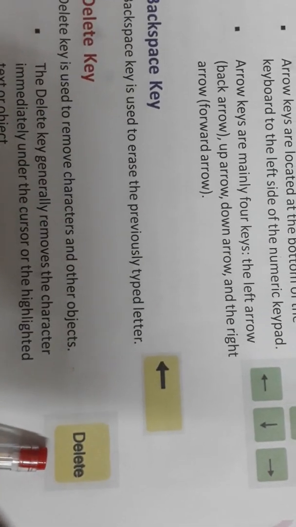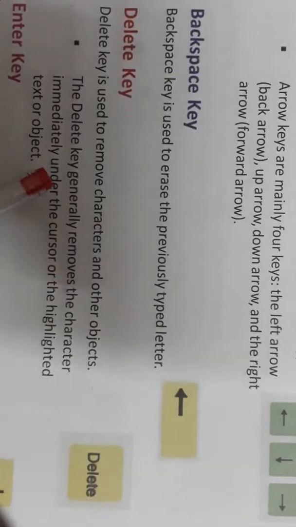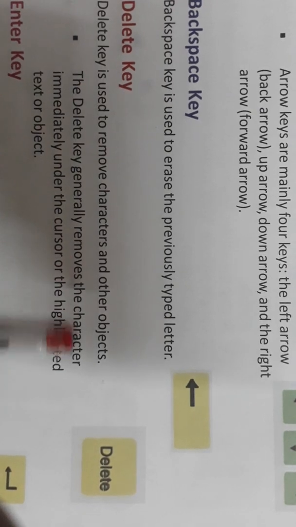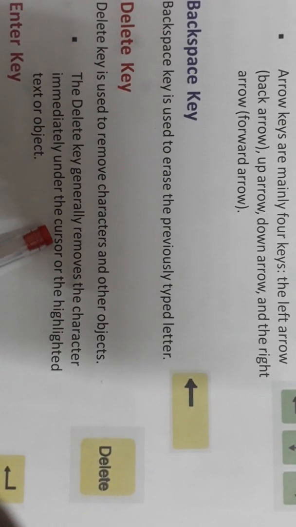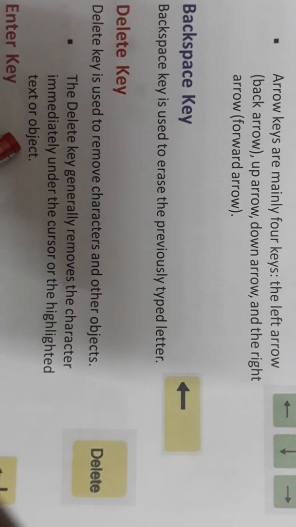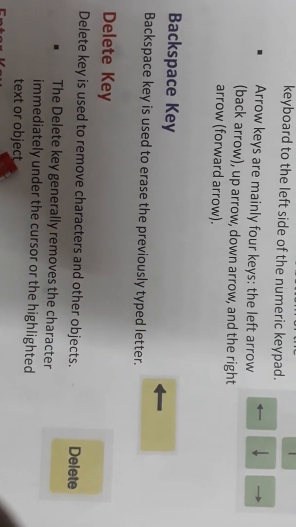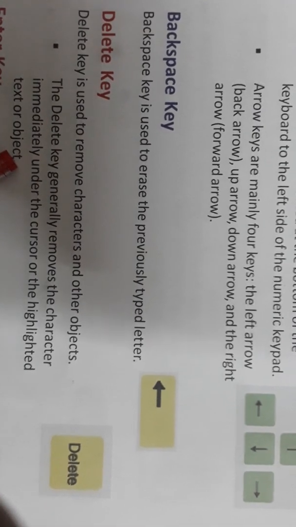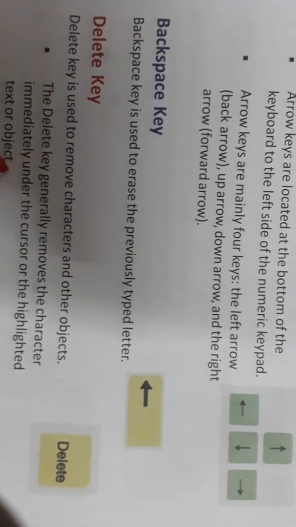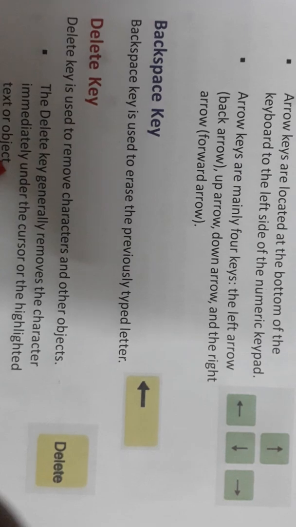This is our delete key. The delete key generally removes the character immediately under the cursor, or the highlighted text or object. That means we can delete text from left to right while typing using the delete key.